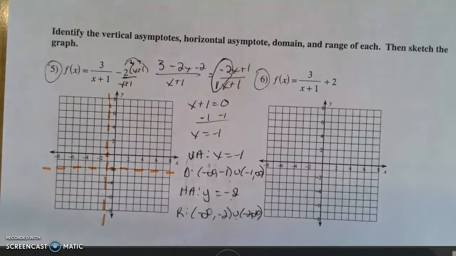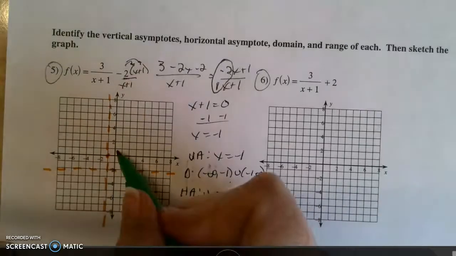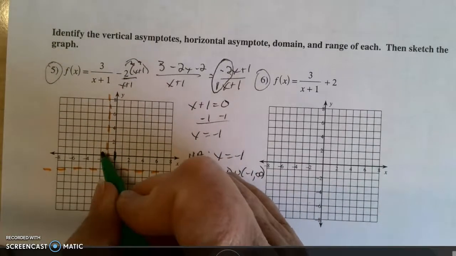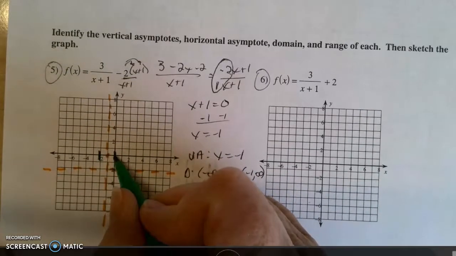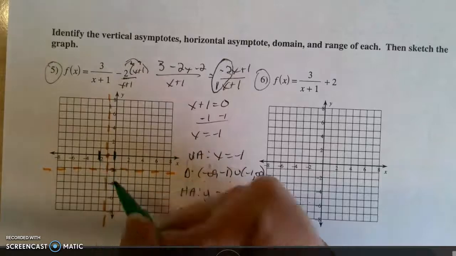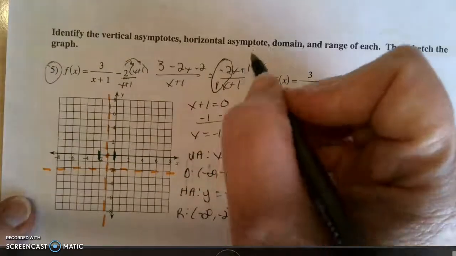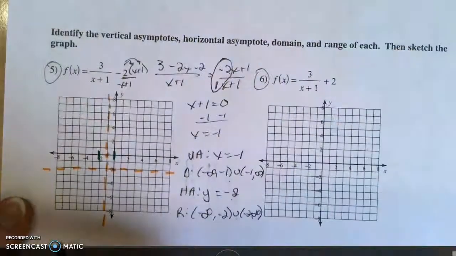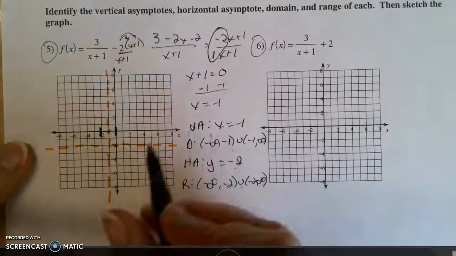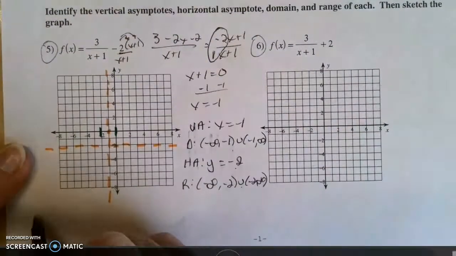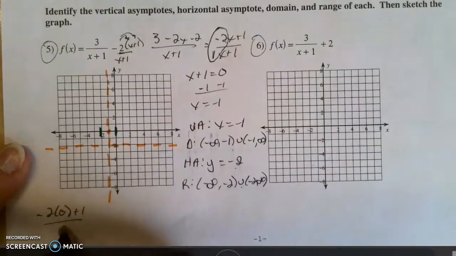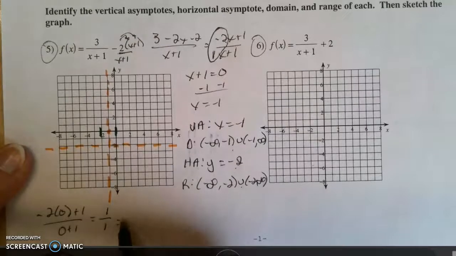Now I'm going to check 2 points because I got to figure out, am I above or below the asymptotes? So I'm going to go to 0 and I'm going to go to -2. So I'm going to plug in 0. So I'm going to do that down here. My equation is -2 times 0 plus 1, so I've got 1 over 0 plus 1, which is 1.